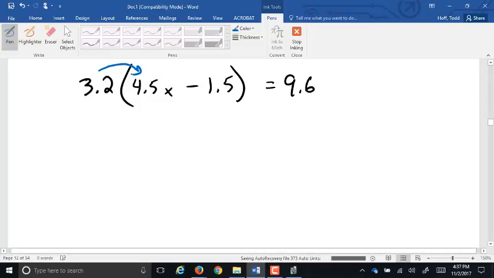So what is 3.2 times 4.5x? 14.4x, good. And then 3.2 times negative 1.5 is negative 4.8, equals 9.6. What's next?